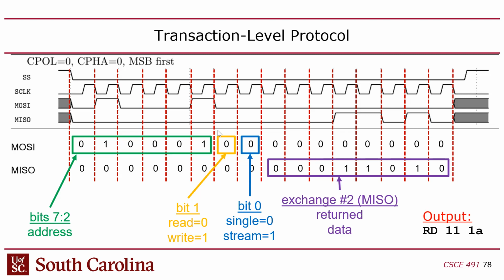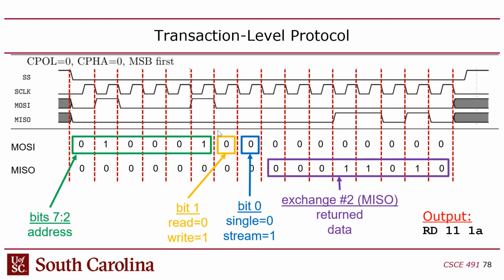The first group of 4 bits from the right is 1, and then 1, so the address in hex would be 11, or in binary 0, 1, 0, 0, 0, 1. Then the read bit is a 0, which means we're doing a read, and the stream bit is 0, which means we're not streaming. So this is going to indicate a read.